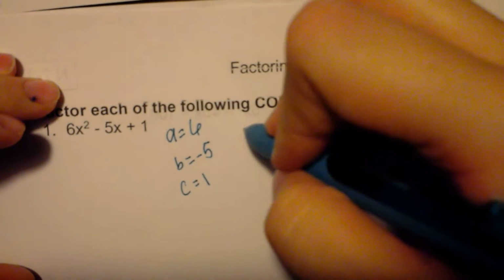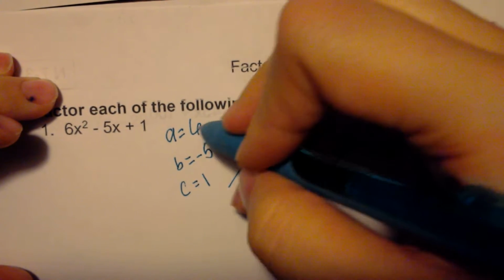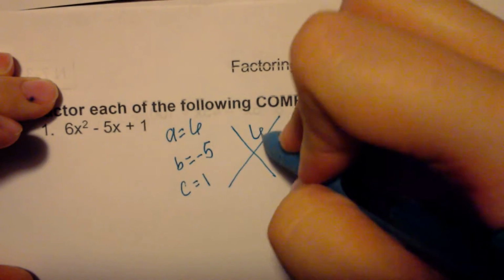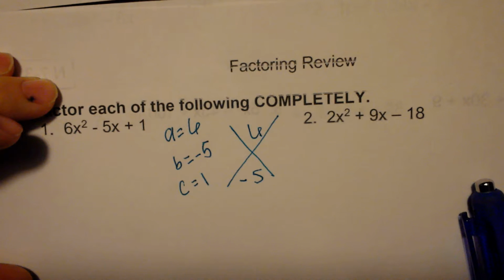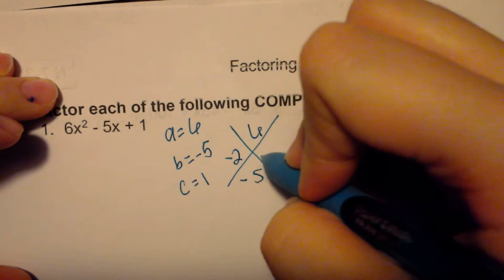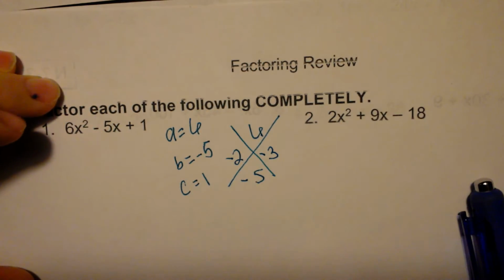So I can make my x. A times c is 6, and b is -5. So I had to have multiplied -2 and -3 together.